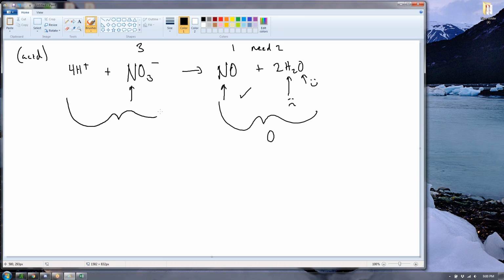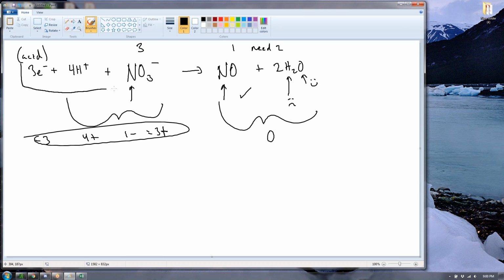What is the charge on this side? 4 plus and a 1 minus becomes a 3 plus. The side with the larger positive charge, or the less negative charge, is the side that needs the electrons. You can't add electrons to the right, you have to add them to the left, and you need to neutralize it to 0. So if we add 3 electrons to that side, that would bring it to 0.